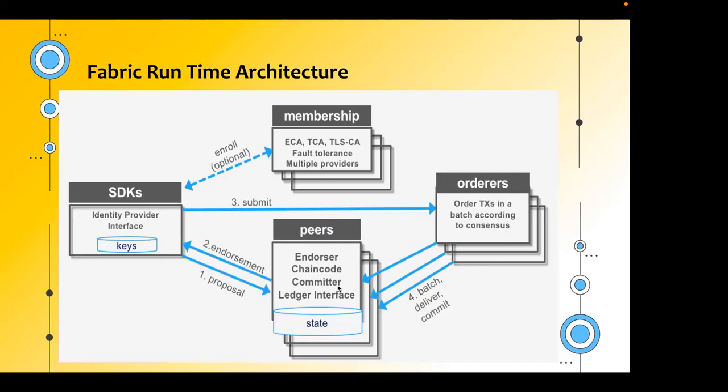So here the committers are there, right? The committer's job is to commit that block and the transactions. Remember one thing here: the orderer will broadcast two things. One is the transaction state, that is the world state, and the block. The block is going to be committed into the blockchain, and your state will be updated in the world state, right?